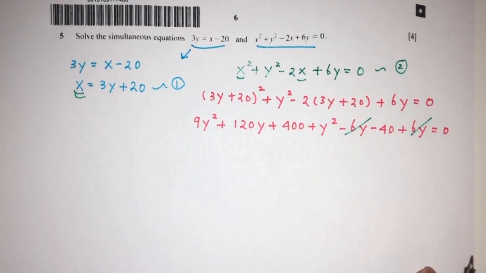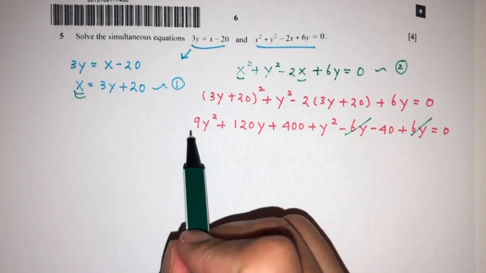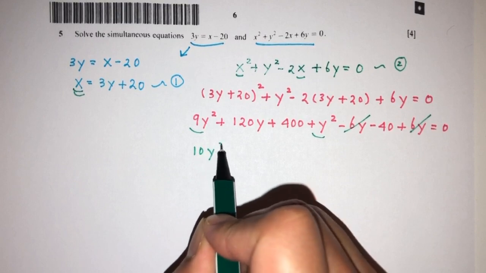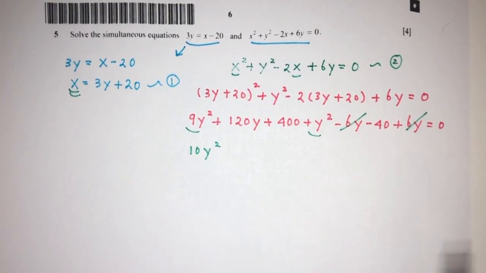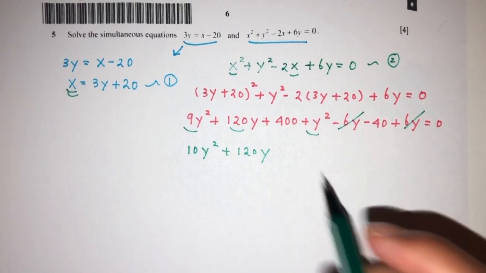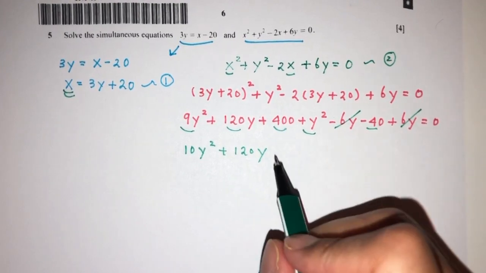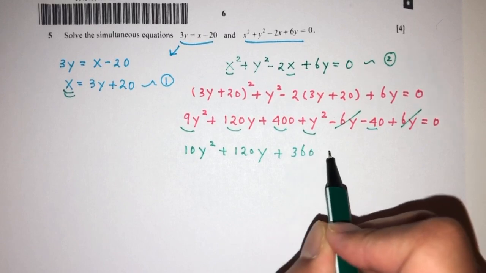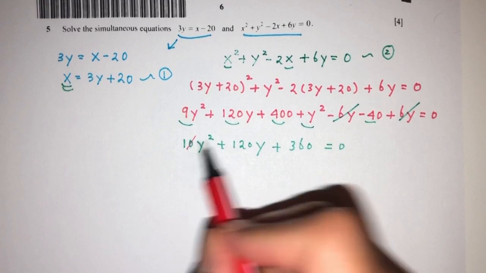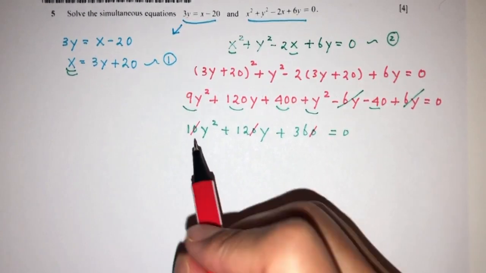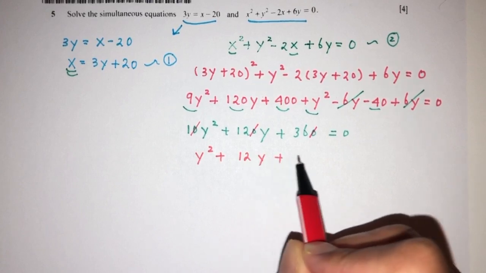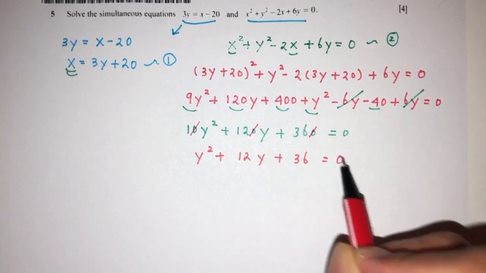And then we have this and this, we have to group together. You will have 10y squared, and then we have this one, so plus 120y, and then we have this and this, so that will be plus 360. Now you can see that everyone has a 0 to them, so let's divide by 10 everywhere. You will have y squared plus 12y plus 36 has to be 0.